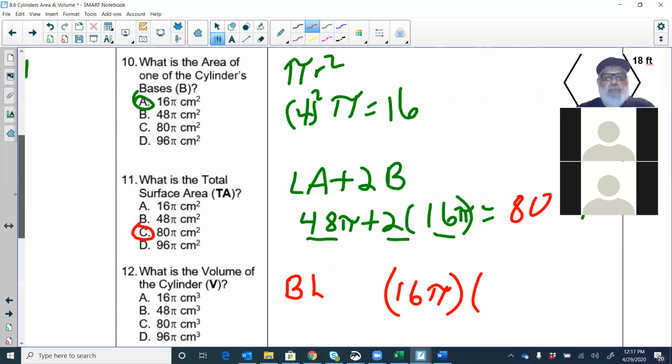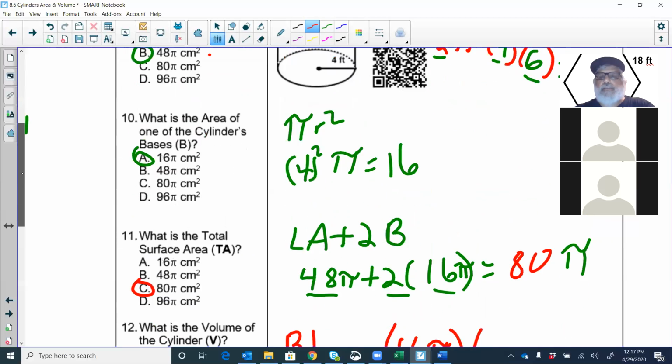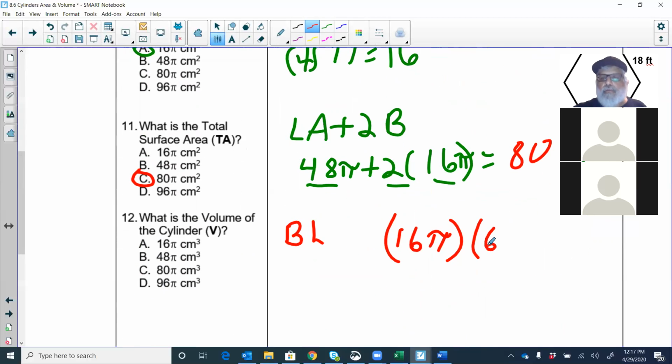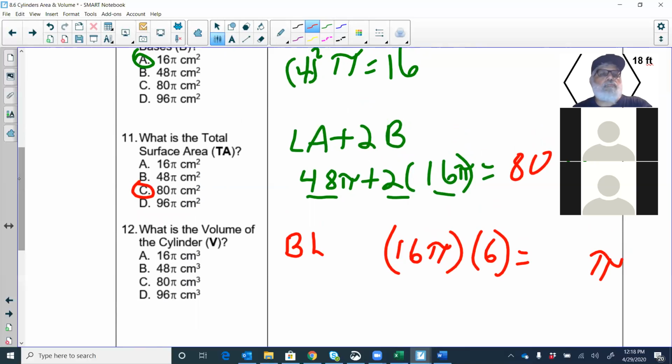There you go. And then we're ready for the last part. Area of the base times the height. Height is 6. Ninety-six. There you go.